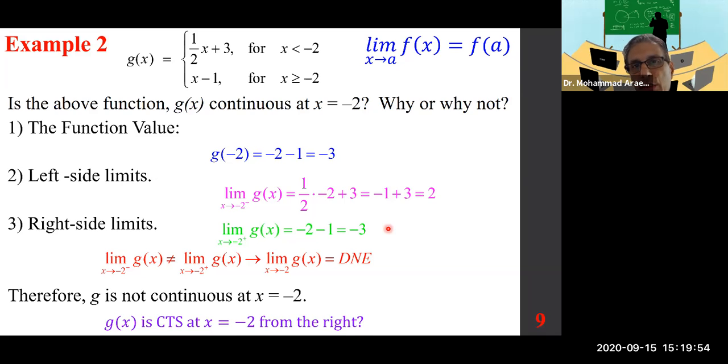Second, we add this piece: one-sided limit, one-sided continuity. Again, look at the fact that g of -2 is equal to the limit of g of x as x approaches -2 from the right. Because these two numbers are the same, we say it's continuous from the right. Okay, class, I hope it's clear to everybody. We're going to move on.